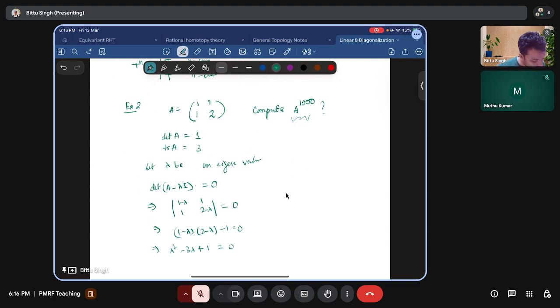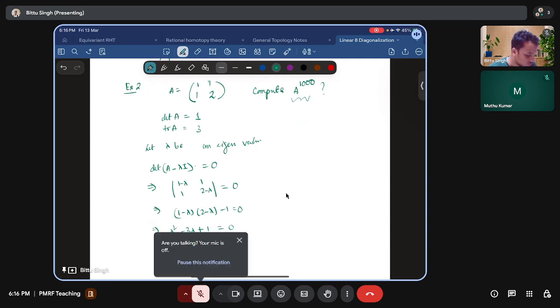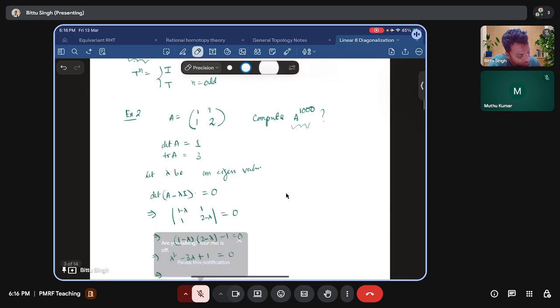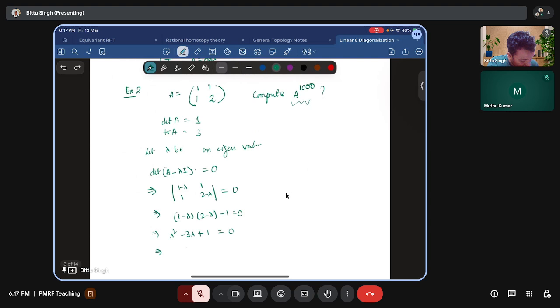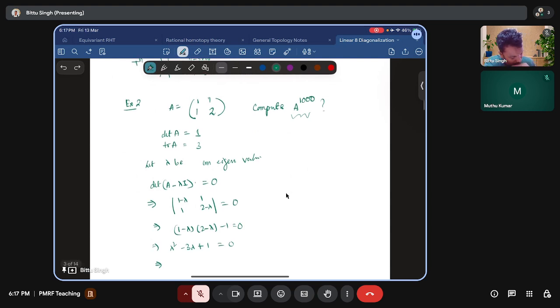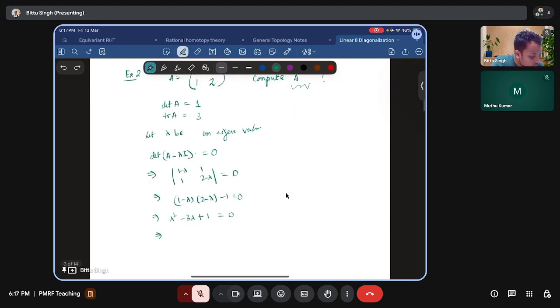Let us change it a little bit. Okay, from here we can calculate the eigenvalues.